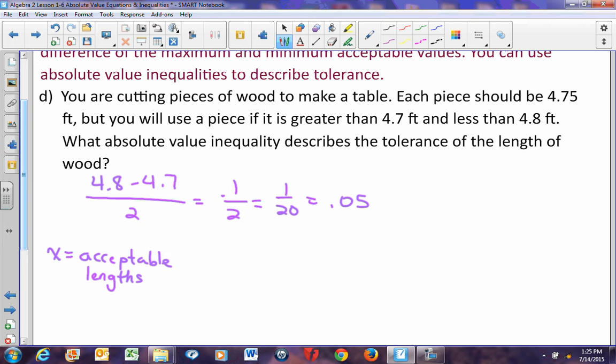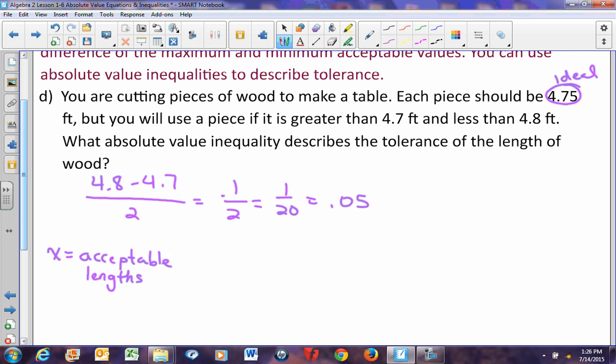The 4.75 is the ideal. That's what you'd love to have every single time. You're not going to get it every single time, so you'll allow it to be as low as 4.70 or as high as 4.80, because your tolerance is 0.05 either direction.